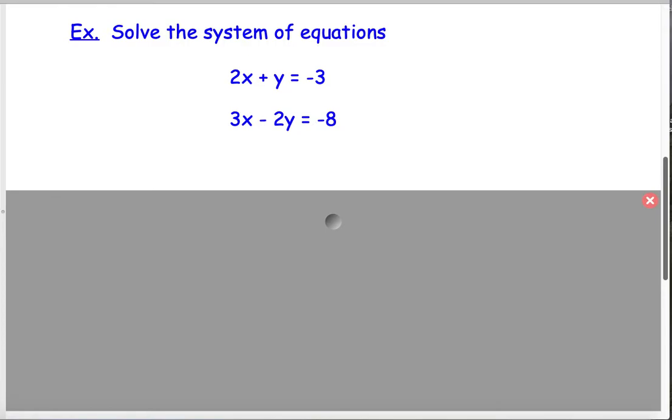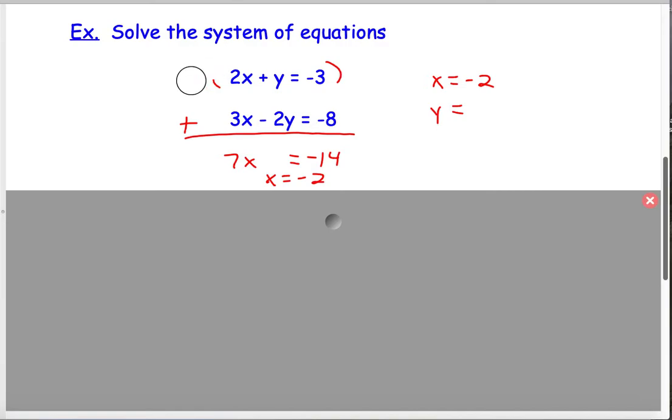If I multiplied the first equation by 2 and added that to the second equation, then I'd wind up with 7x, and then the y's would cancel out, equals negative 14, so I get x equals negative 2. So x equals negative 2, and then I can plug that back in to figure out what y is. If x is negative 2, I'll probably plug it into the first equation, although it doesn't matter. Then I get negative 4, I add it to the other side, and I get y equals 1.